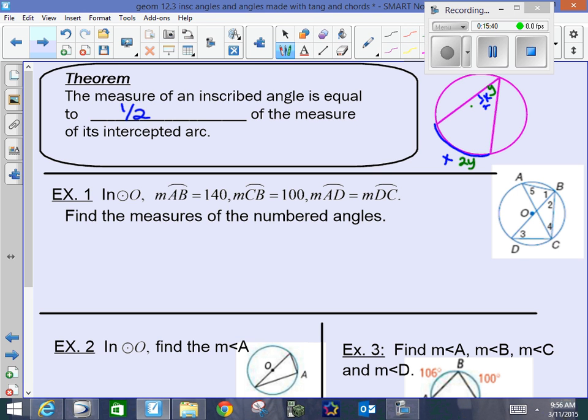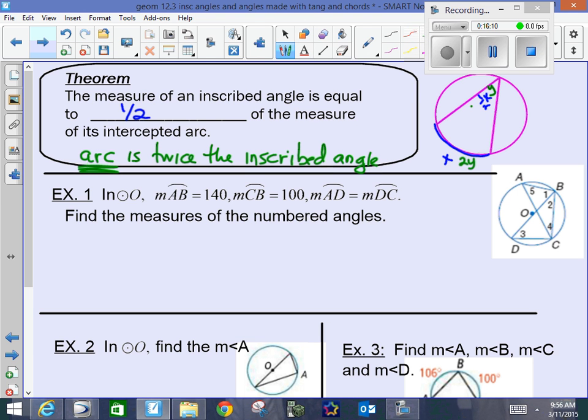So the arc is twice the inscribed angle. When I say arc, I assume you know that I'm talking about the intercepted arc, not just any old arc.